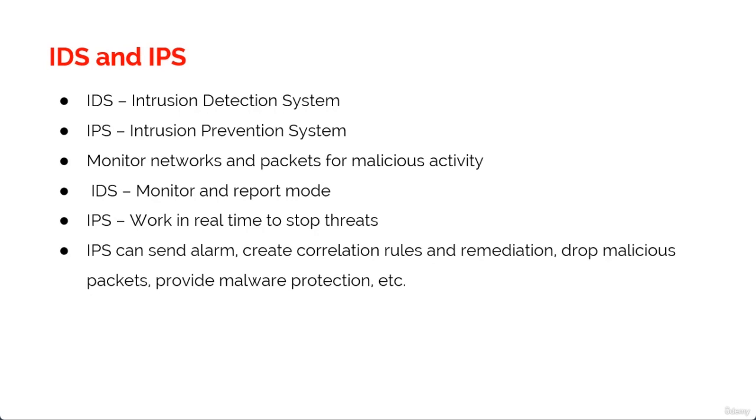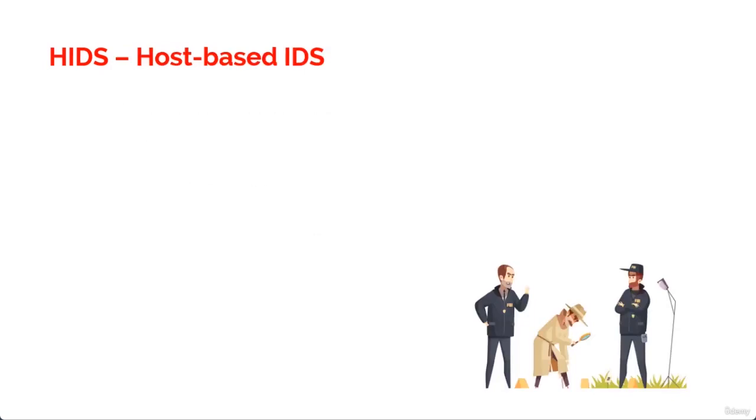So IDS and IPS are very important in today's networks. They are the network security appliances that screen the networks and packets for malicious activity. An IDS is considered a monitor mode machine, and it just records and tells you about your problems, whereas an IPS can work in real time to stop threats.